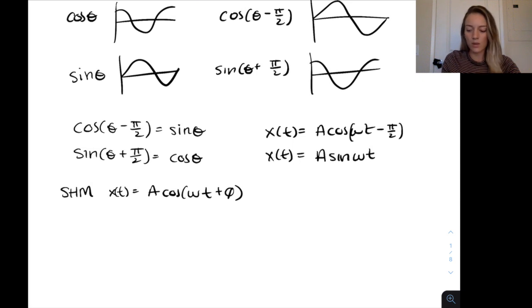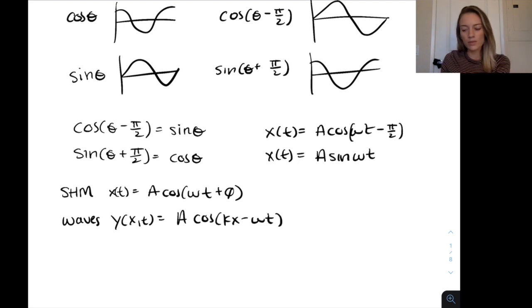Then when we did our traveling waves, so when we did our transverse wave, we had y of x,t, and then we had a cosine of kx minus omega t. And now there really is still a phase shift in there. So technically, if I wanted to write the correct solution to my transverse wave, I would have to include a phase shift there as well.